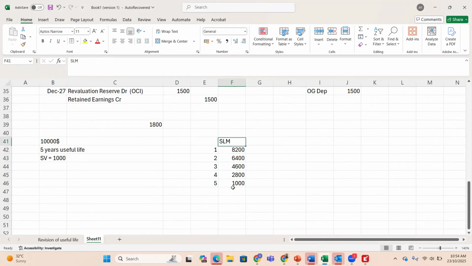Okay. Now what about WDV? They will give a percentage. So let's say it is 20%. So first year it is going to be how much?